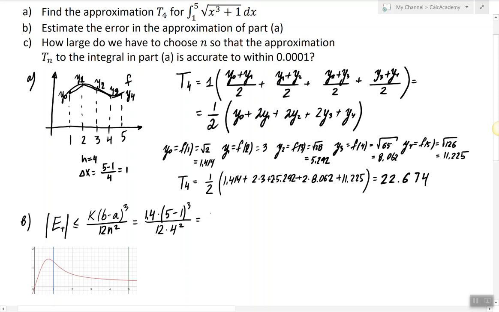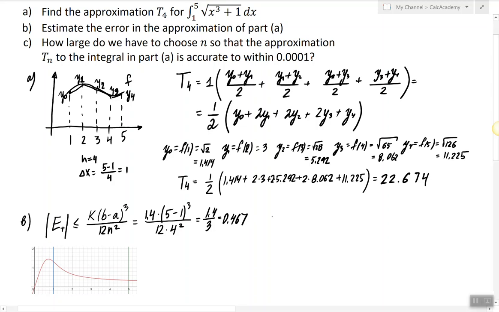So we have this expression: 5 minus 1 is 4, 4 cubed divided by 4 squared is just 4. Reducing it, we basically have 1.4 over 30, which is 0.0467. Which means that this approximation may not be that accurate, right?